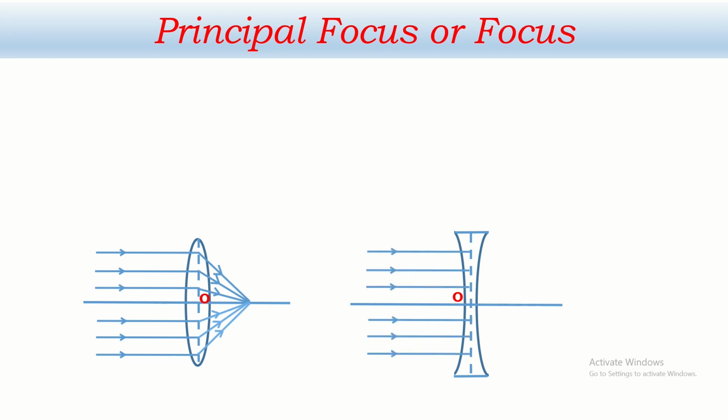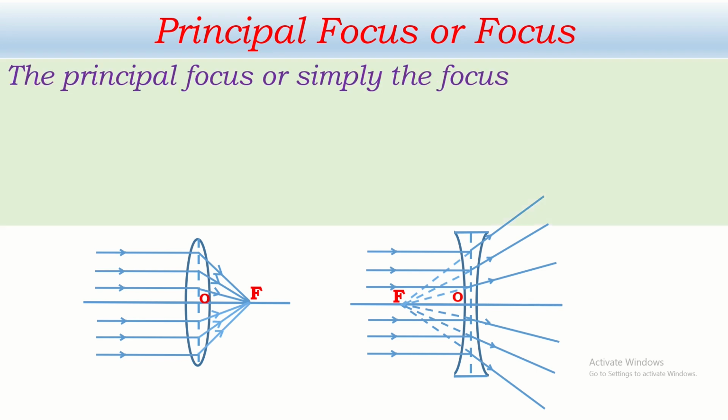And rays of light which are parallel to the principal axis of a concave lens appear to diverge from a point which lies in front of the concave lens. All these rays of light appear to be diverging from a point on the principal axis which lies in front of the concave lens. Both these points are called focus, and it is denoted by F.